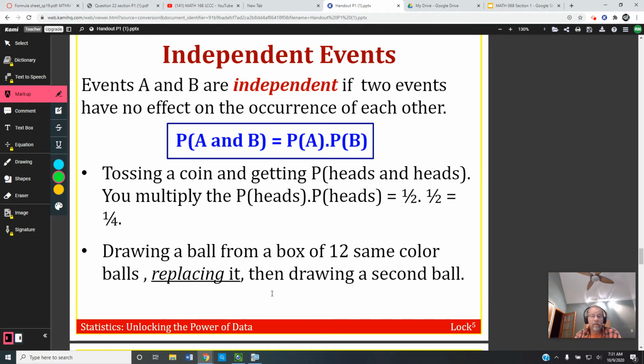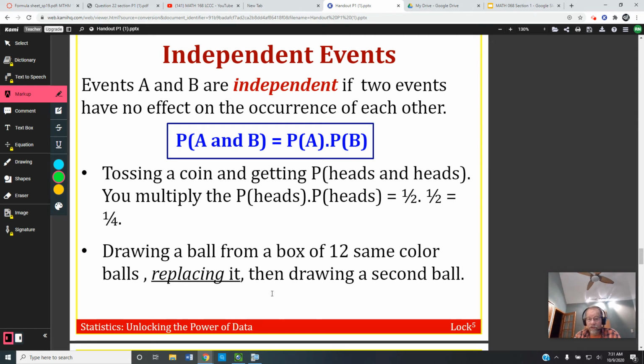When aren't they independent? So let's say that I reach into a bag and I pull out a marble, and this marble is, who cares what color, I pull it out, but I don't put it back. I keep it. I have now modified the chances of reaching in, getting another marble, because I've lowered the amount of marbles inside of the bag. Same way for the lottery.